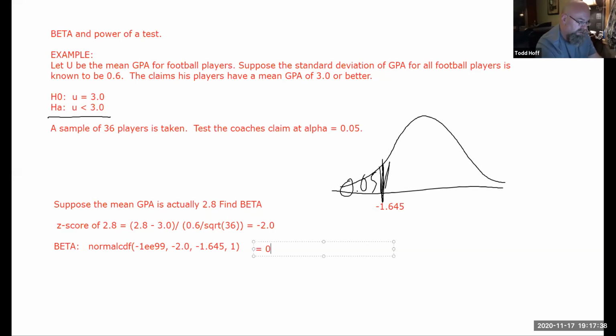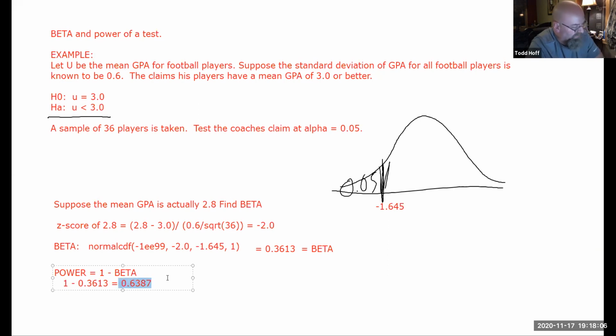So 0.3613 is beta for this test. So the power is simply 1 minus beta. So 1 minus 0.3613 equals 0.6387.